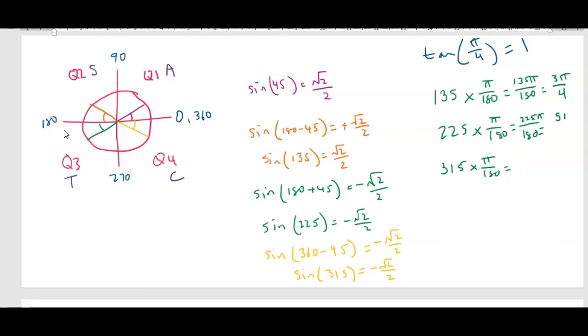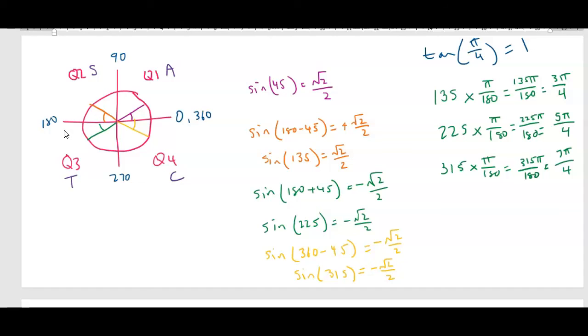Sorry, 45 degrees goes into 225 5 times, so it's 5 pi on 4, and then 315 pi on 180, we have 7 pi on 4. Okay, so there's your radian conversion.